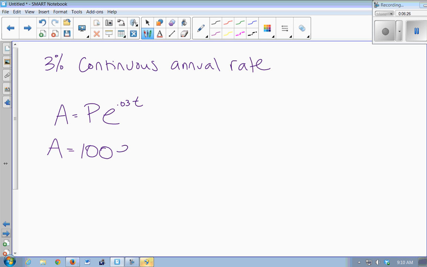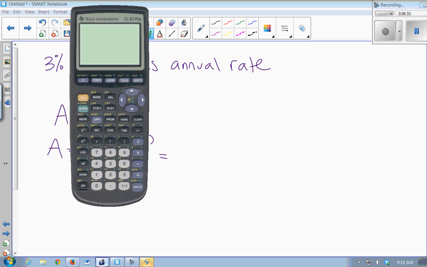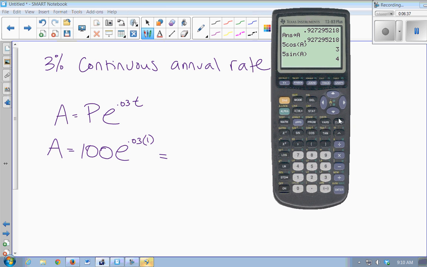So 100 e to the 0.03 times 1. So we're just going to invest $100 for 1 year and see how much money we make. 100 times e to the 0.03. So I get $103.04.